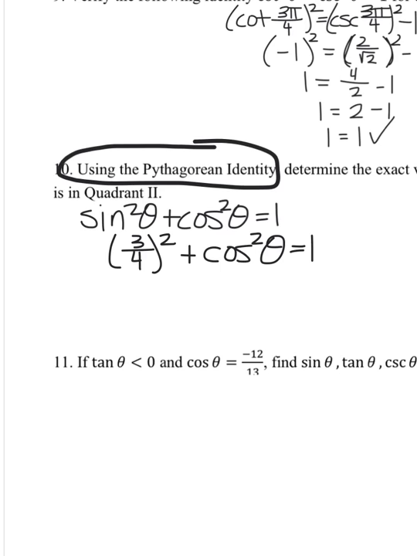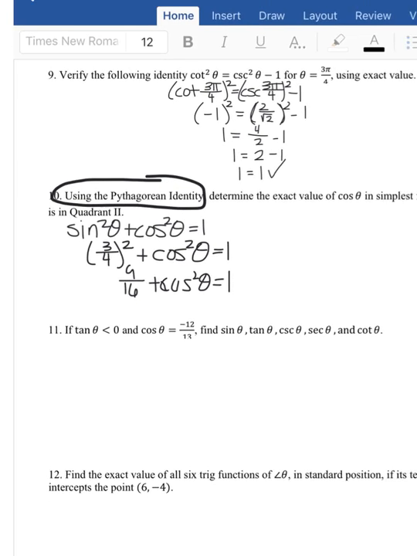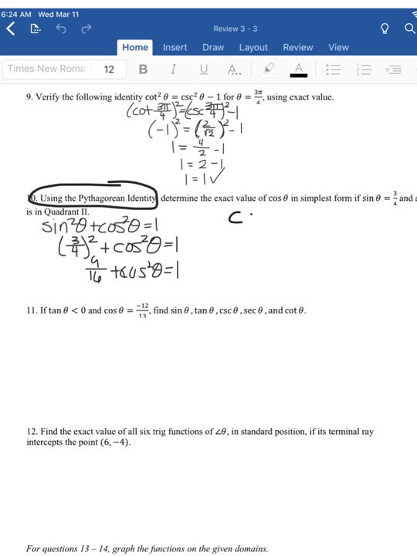3 over 4 squared is 9 over 16, plus cosine squared theta equals 1. When you subtract the 9/16 from 1, now you have cosine squared theta is equal to 7/16.